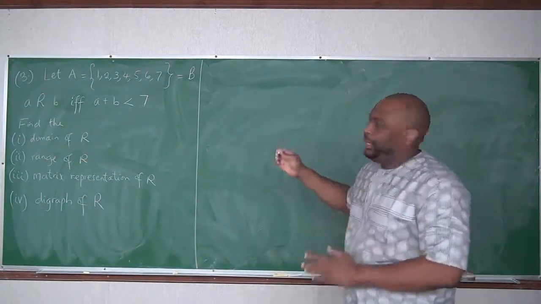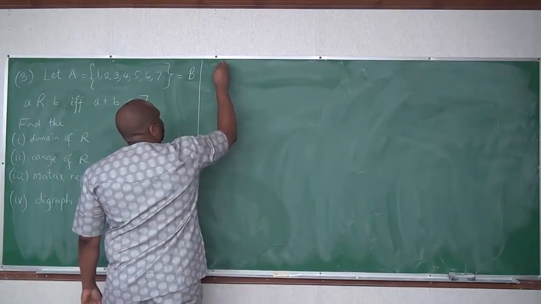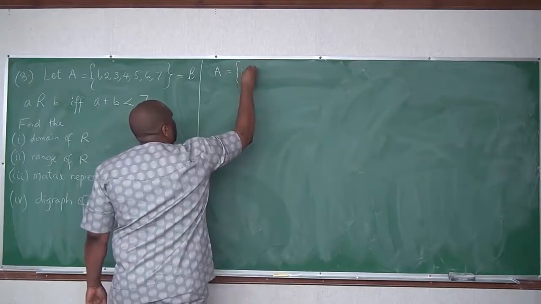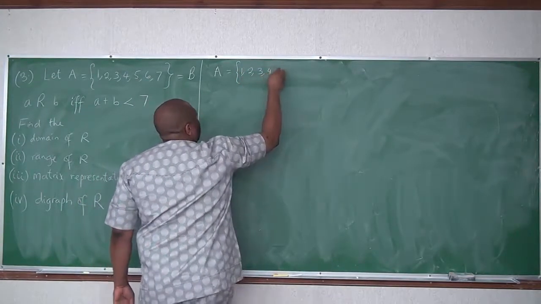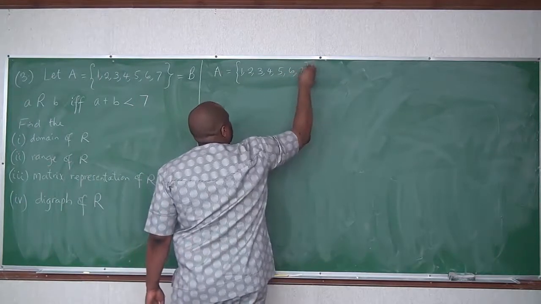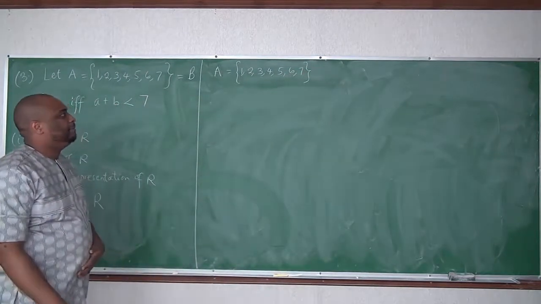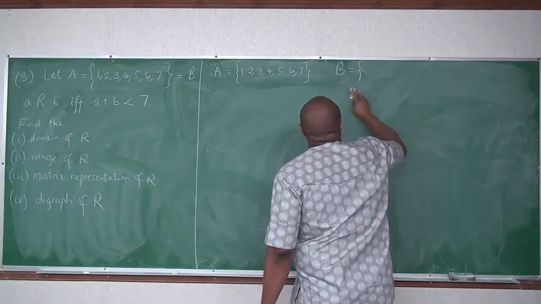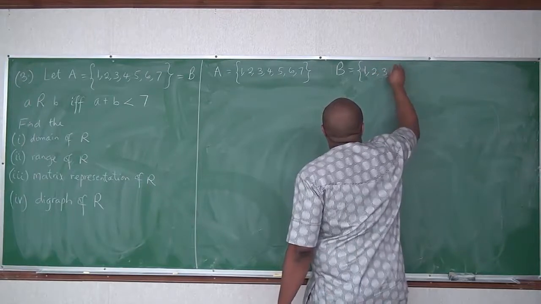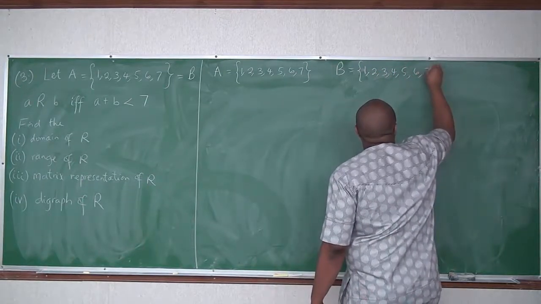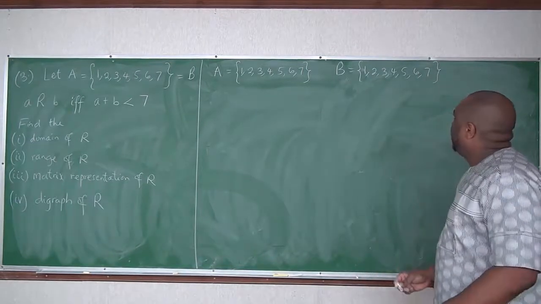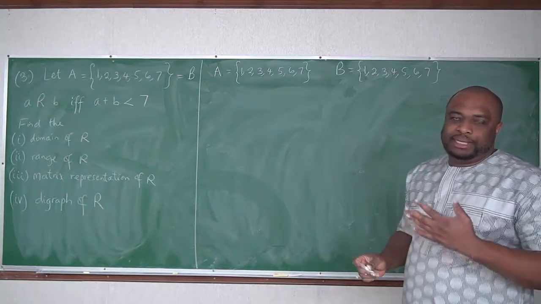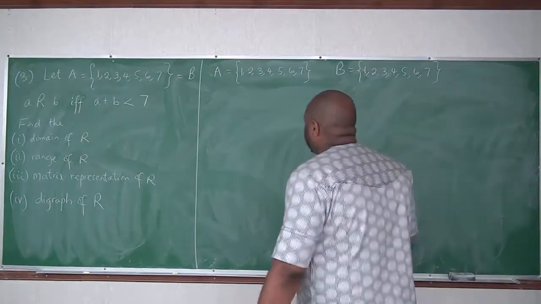So we have our A and our B. The set A, let's write everything out. A is a set 1, 2, 3, 4, 5, 6, 7. Okay, that is set A. And set B is also 1, 2, 3, 4, 5, 6, 7. Let's now get our relation.